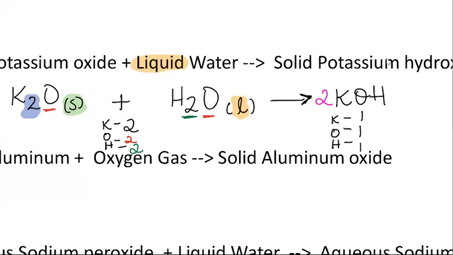What that does is that now that 2 will be distributed to all of the atoms. So now we are going to have 2 potassiums, 2 oxygens, 2 hydrogens. And as you can see, the number of atoms are balanced. Okay?